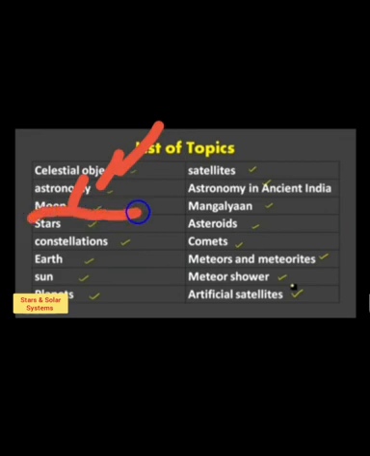Only these three topics in detail we have studied. Star, you know, what is a star? Earth is a planet. Stars are also very, very small heavenly bodies, and they are in the number of millions, billions. They are very large and huge in number.